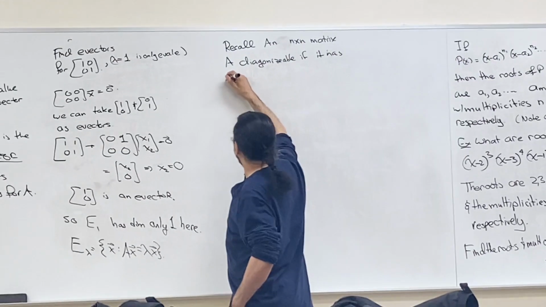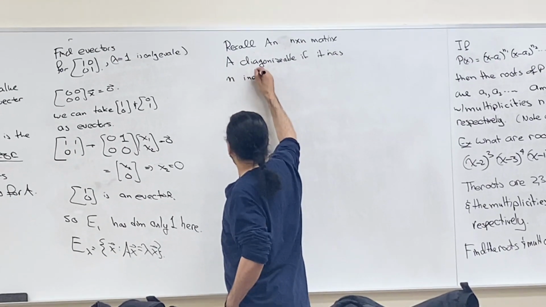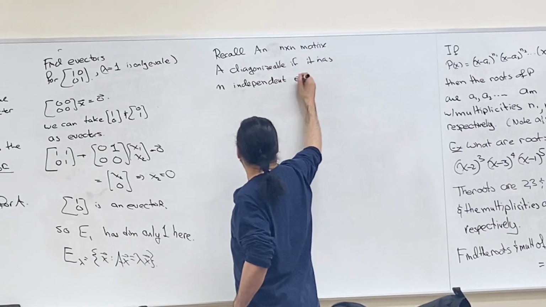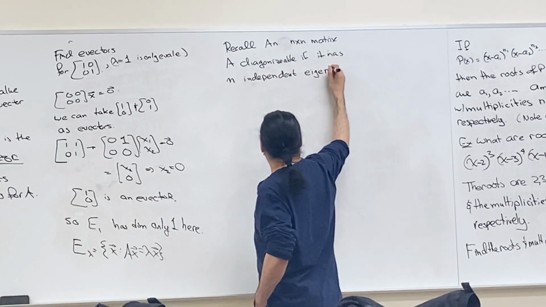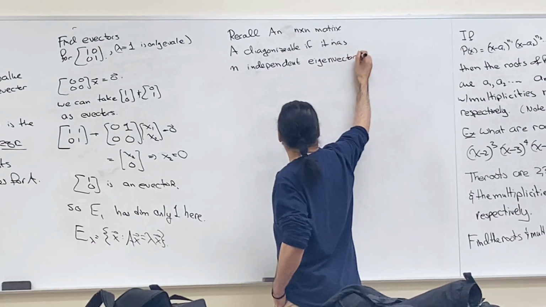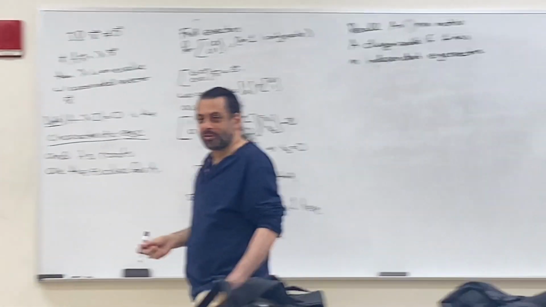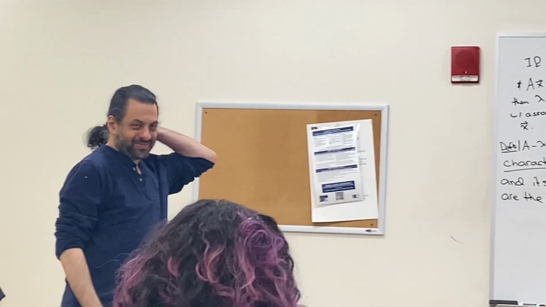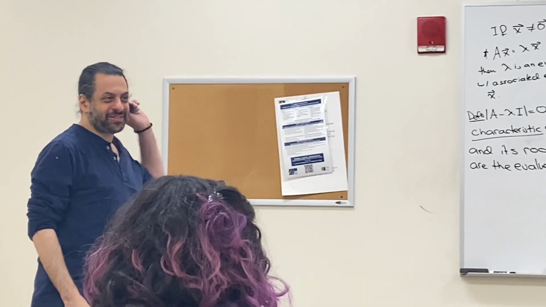So an n by n matrix is diagonalizable with n independent eigenvectors. Which is why we're talking about what we're talking about. Because if I have n distinct eigenvalues, necessarily it's diagonalizable. Should we say something about complex eigenvalues?